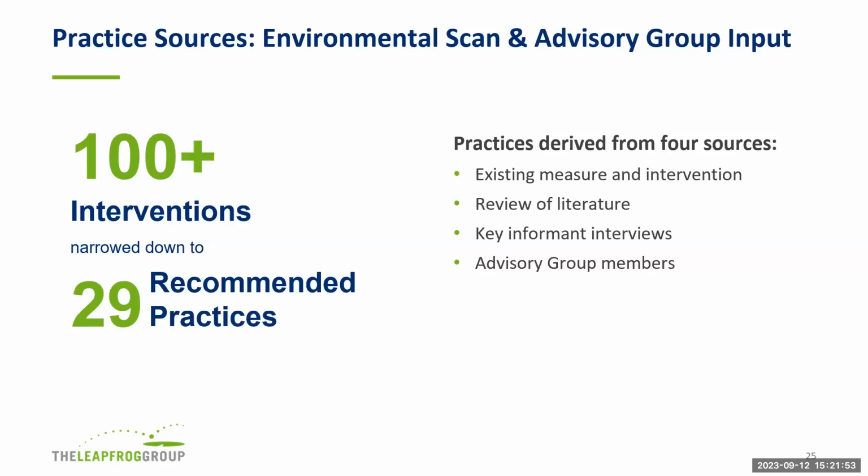We also conducted a variety of key informant interviews with different experts to solicit some ideas. But with the help of our advisory group, we narrowed that down to 29 recommended practices. So this is really oriented towards giving hospitals and participants in the survey a menu of options to choose from.